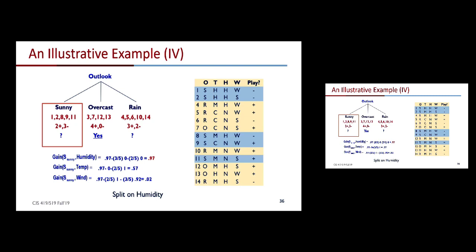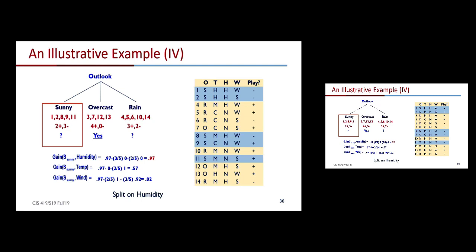In fact, that's very easy to see because if you look at the case of sunny and humidity, you see that the split is basically all the highs are pluses, and the rest are all minuses.